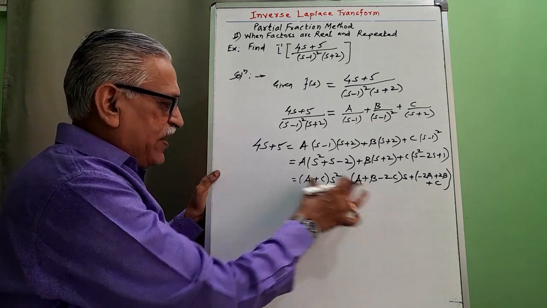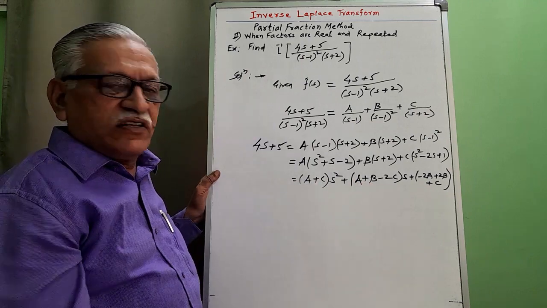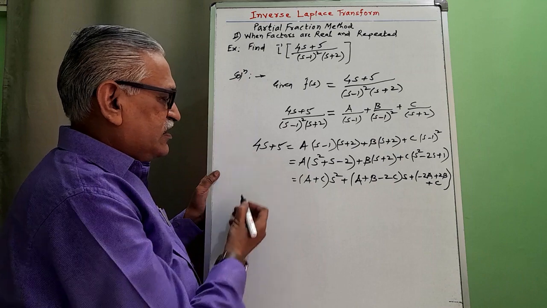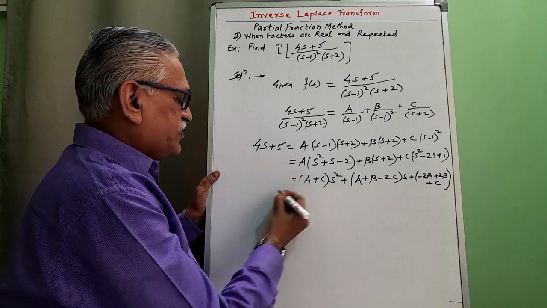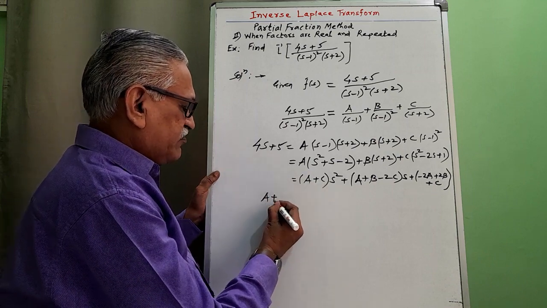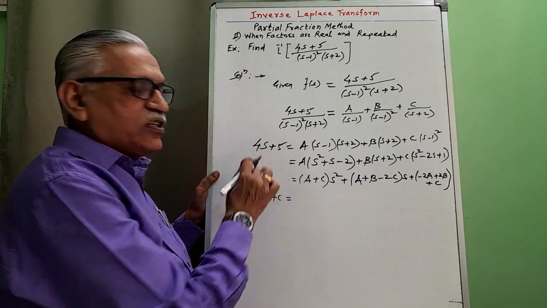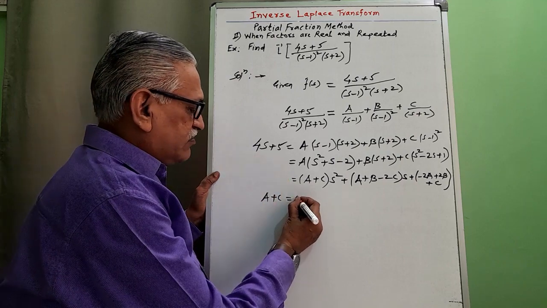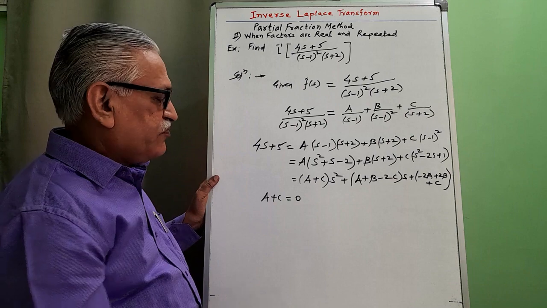Then comparing these two sides, comparing the coefficient of s square with the coefficient of s square, here the coefficient is a plus c, and no term of s square means that we have to equate it to 0.